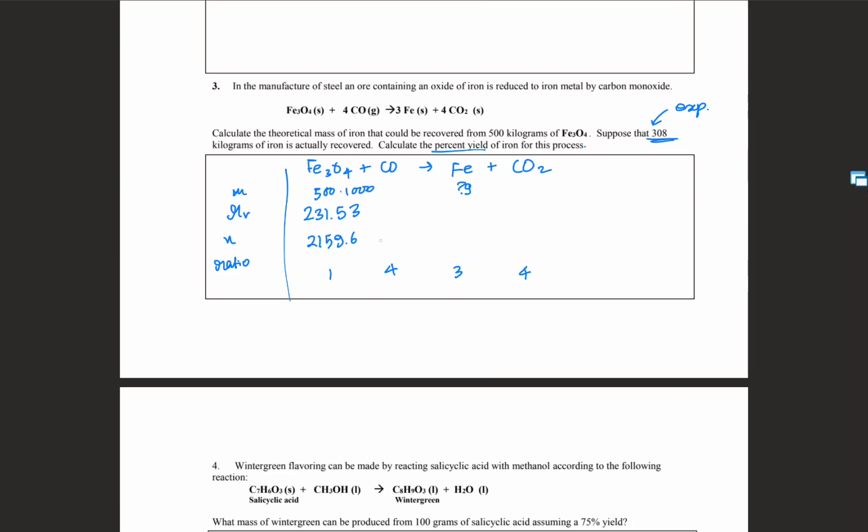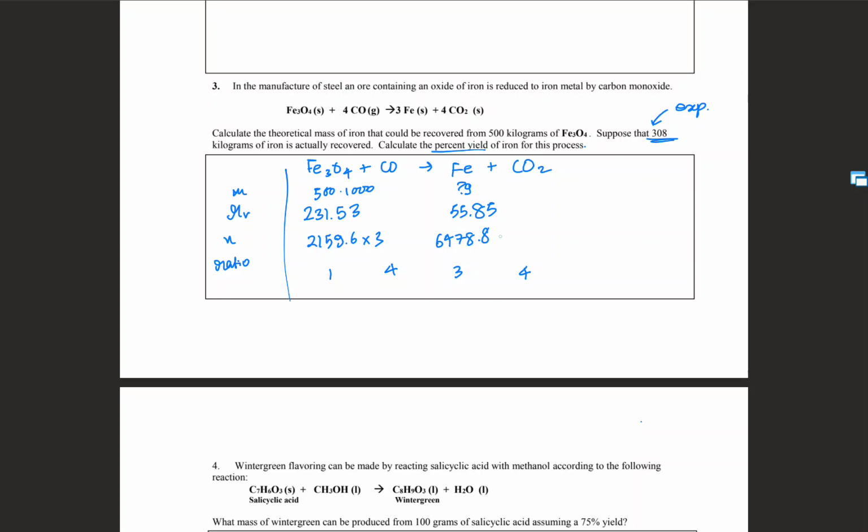As the molar ratio is 1 to 3, we're going from a small number to a big number, so we multiply by 3, which will give us 6,478.8. And the molar mass of iron is 55.85.